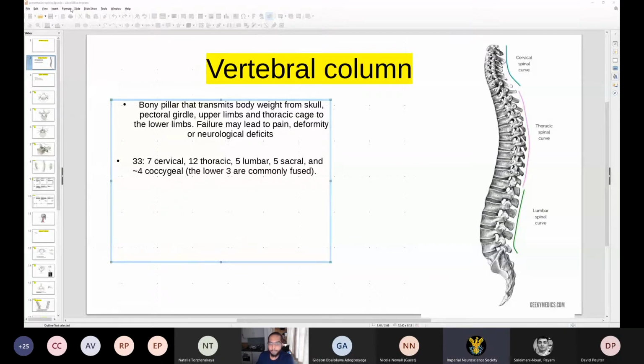I think we can't see you move your slide. I think we're still on the second slide. We're still on the second slide. So I am on the 3rd slide. Can you see that? No, we're stuck on vertebral column.